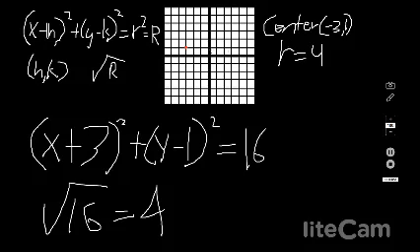So you go 4 units in any direction: 1, 2, 3, 4. It's okay if it goes off the graph, as long as you have a general idea of where it would go. And then you can just graph this circle. That's basically everything you can do with just the standard form of this circle.